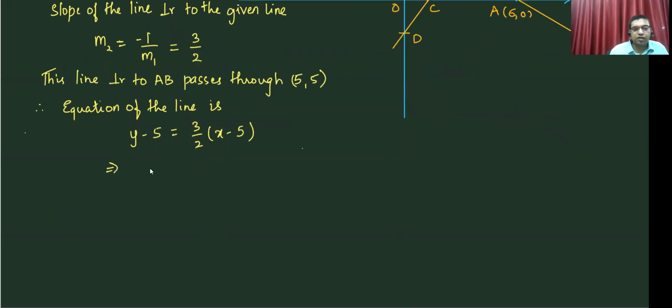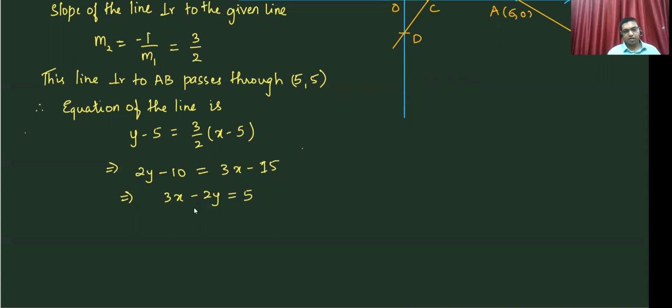Multiply this, you will get 2y minus 10 is equal to 3x minus 15. So 3x minus 2y is equal to 15 minus 10, 5. Which implies convert to intercept form.